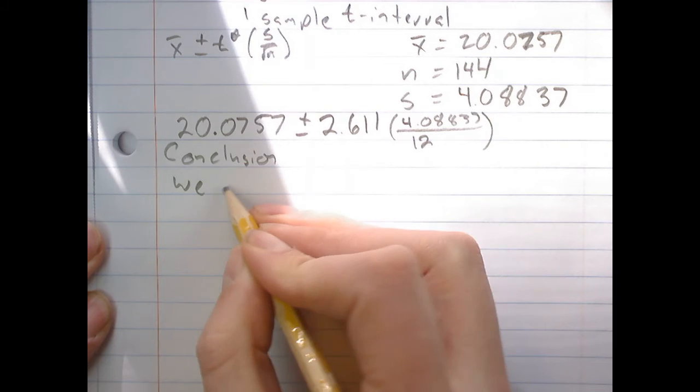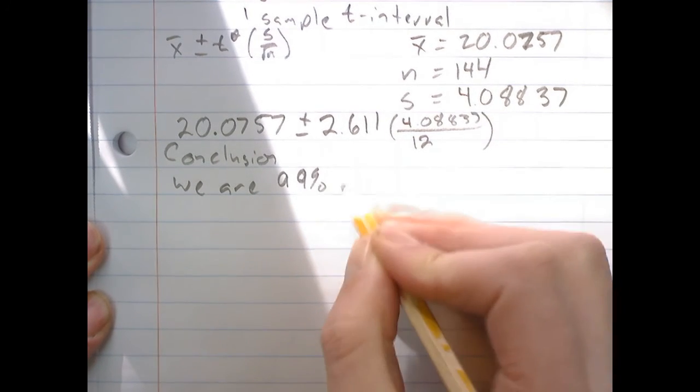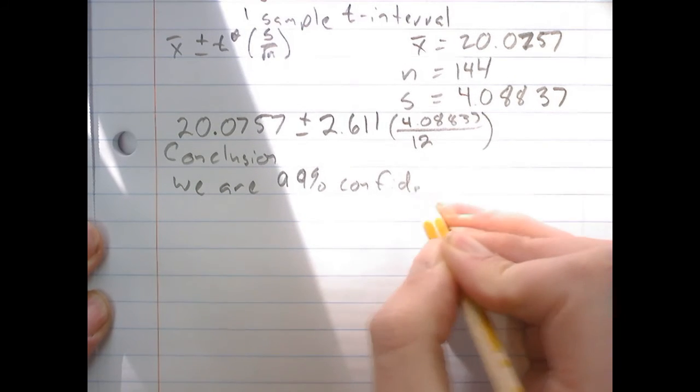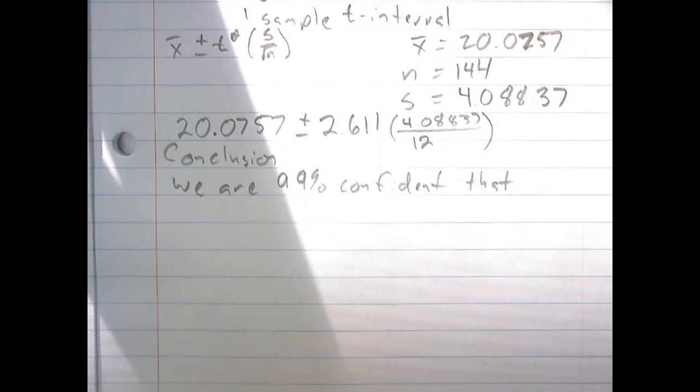We are 99% confident that, what are we looking at again? The percentage of flights that were late each month. Okay. That between, oh, I guess we do actually need to do some calculation here.